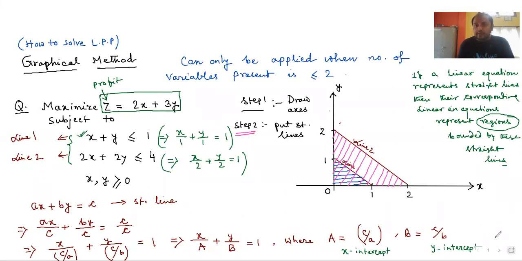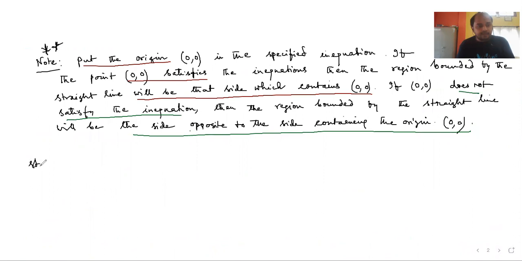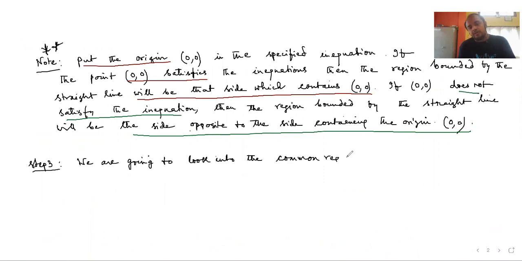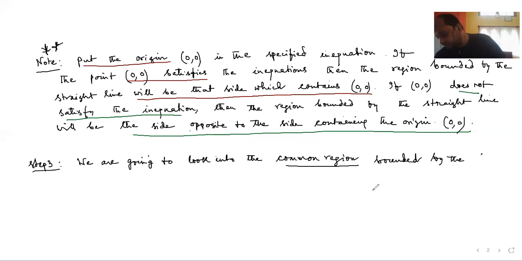Now, in step 3, we are going to look into the common region bounded by the two straight lines.